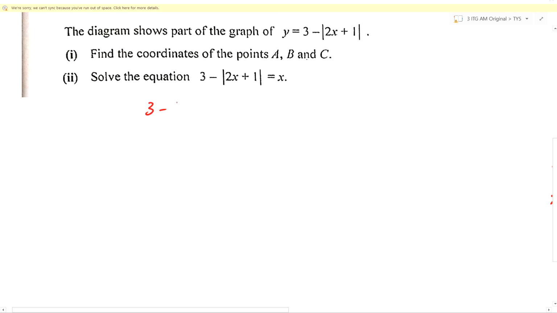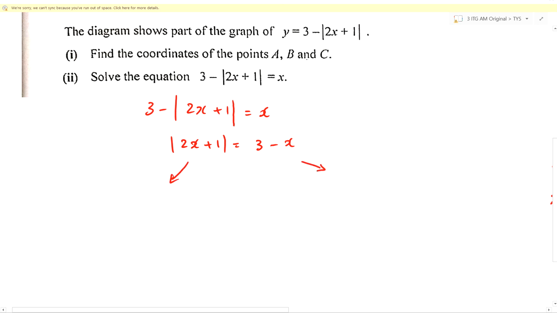So 3 minus |2x plus 1| equals x. You can make the modulus the subject first if you're more comfortable with that. So |2x plus 1| equals 3 minus x. From here, we break it down into 2 different parts.